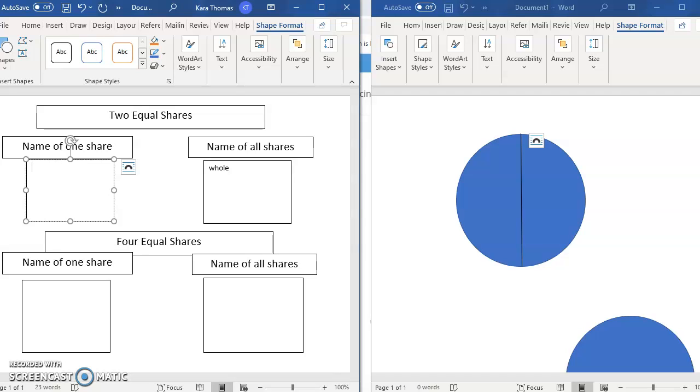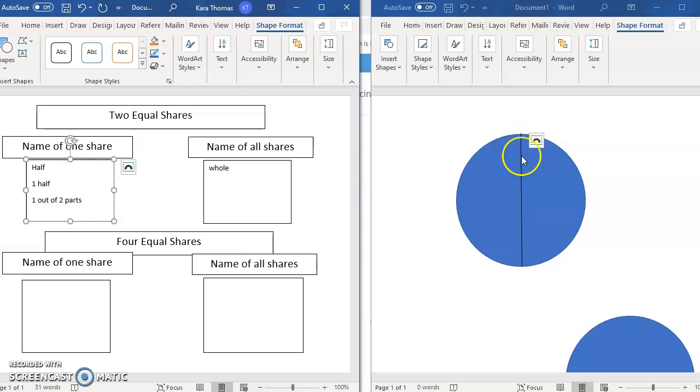Okay, you can call it half, because if I were to take one piece of this whole, it would take a half of it. You could also call it 1/2, or you could call it 1 out of 2 parts, because remember, we have two parts here.